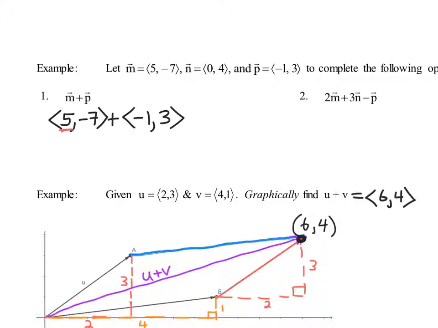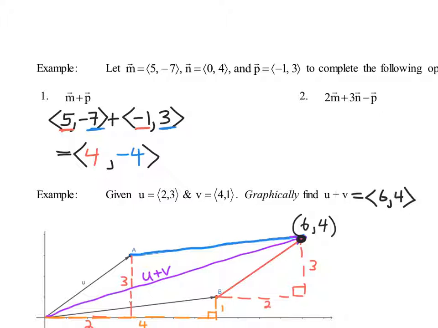So the 5 gets added with the -1 to give you a 4. The -7 gets added with the 3 to give you a -4. And the result is a brand new vector which represents the sum of the two vectors. So yeah, Calc 3 is not bad.